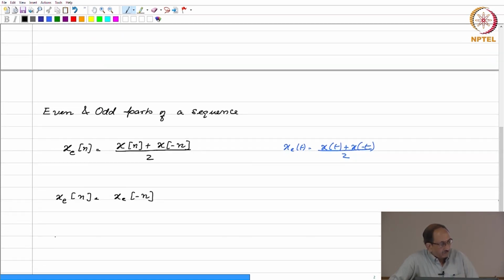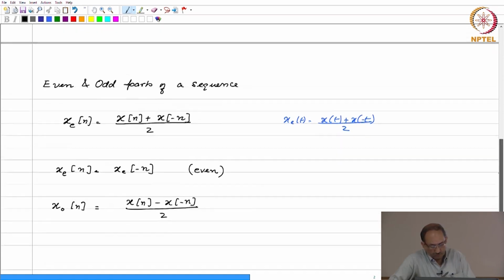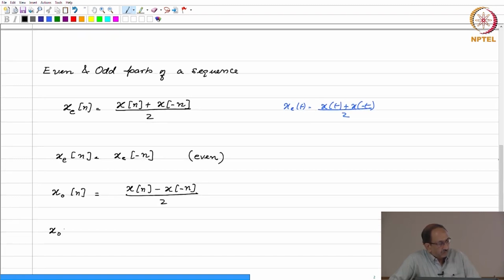And similarly, this is even, x_o of n is given by x of n minus x of minus n by 2, and it is easy to see that x of minus n is minus x of n, and this is the odd part of the given sequence x of n.